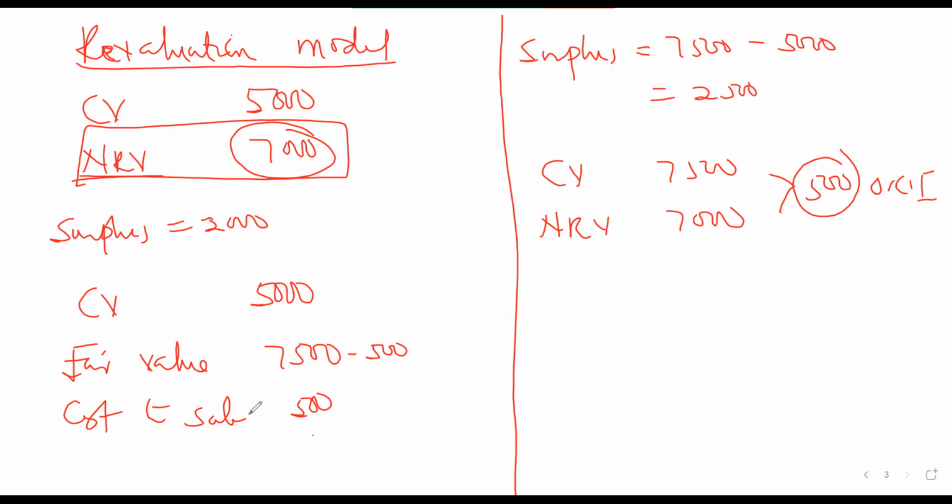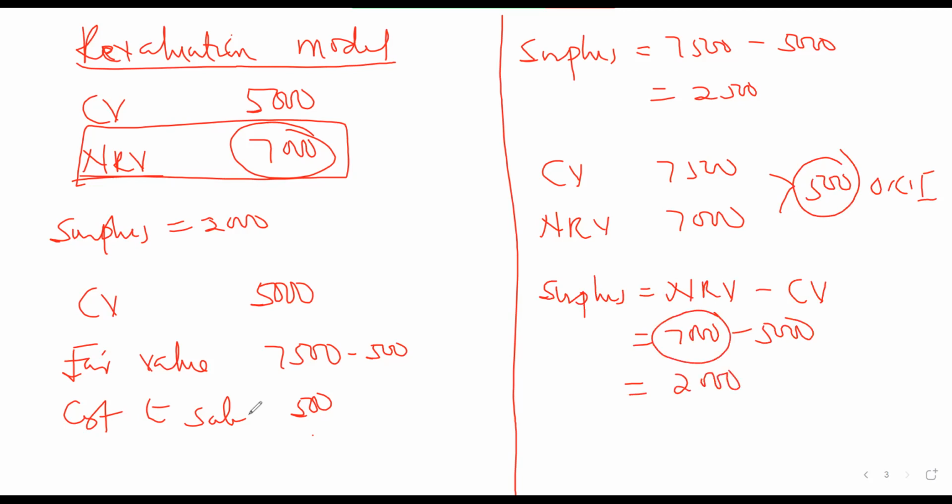Another way of going about this is you just calculate your net realizable value straightforward, which will be 7,500 minus 500. That will give you 7,000 minus 5,000, and that will give you 2,000. So you classify the asset at 7,000 straightforward, and you are going to have a revaluation gain of 2,000.